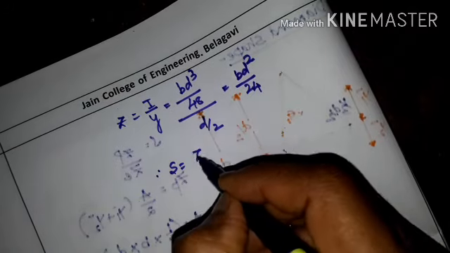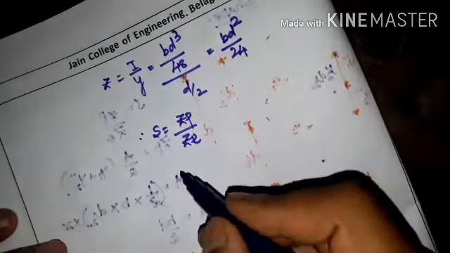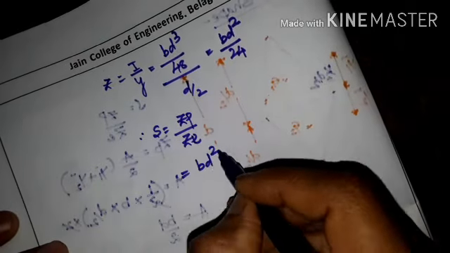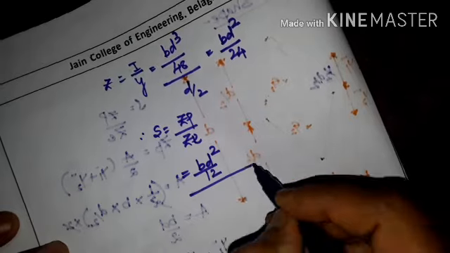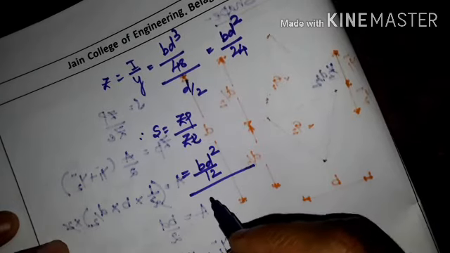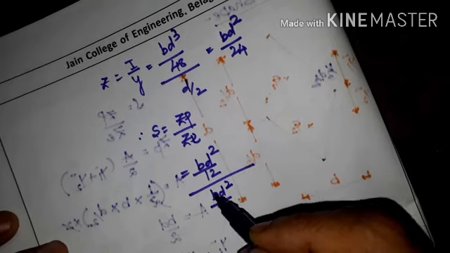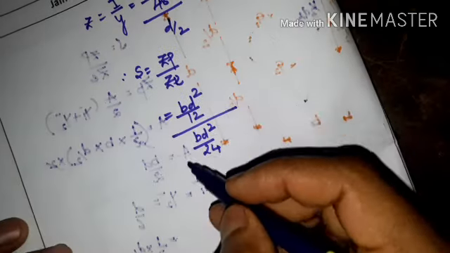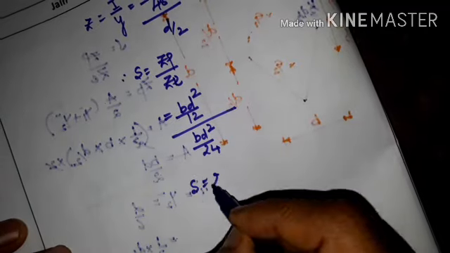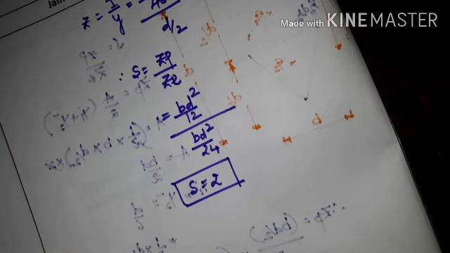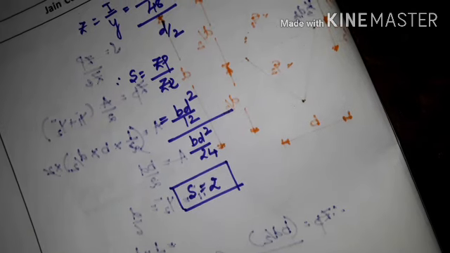Now shape factor is equal to ZP by ZE. ZP is BD square by 12 and ZE is BD square by 24. So we'll get the shape factor is equal to 2 for diamond shape.